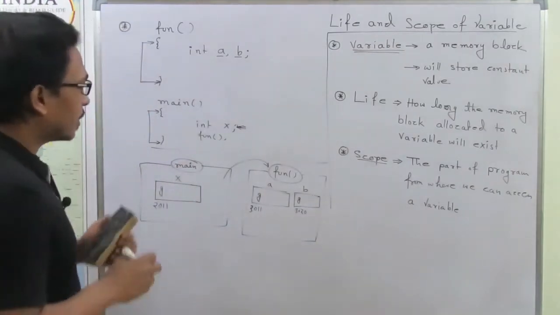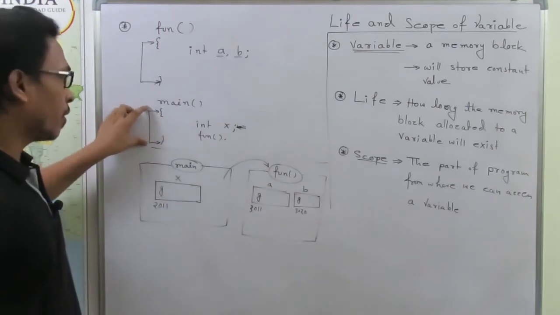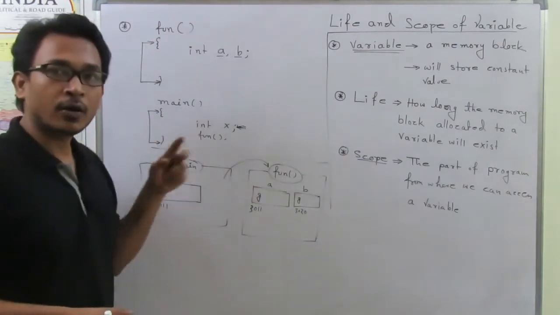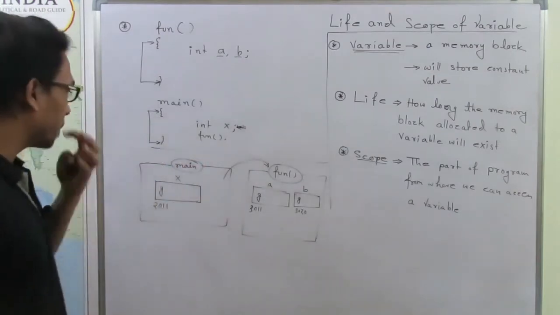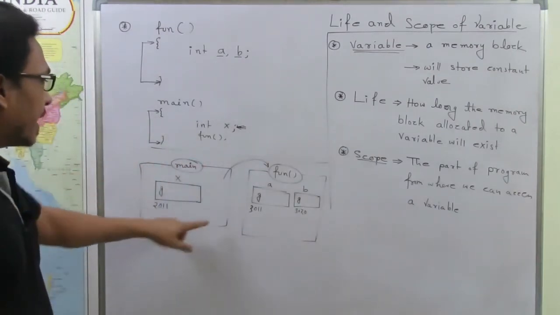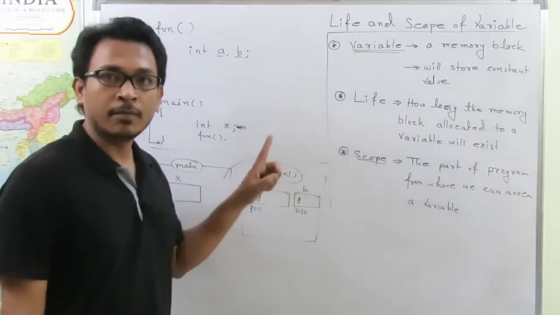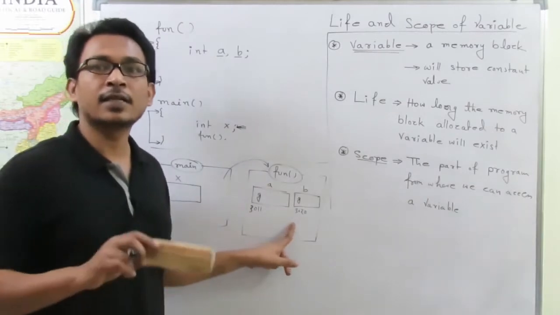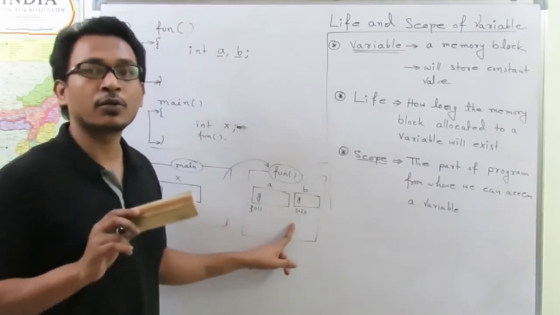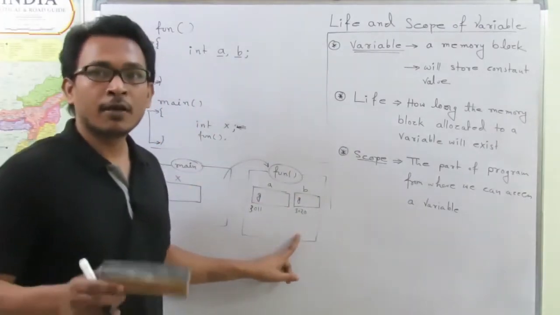That means the scope of this variable is only this particular block, not outside of it. Now look, memory exists for integer x when we are in the fun function, but from fun we can't access the variable integer x, which is declared inside main, not inside fun.